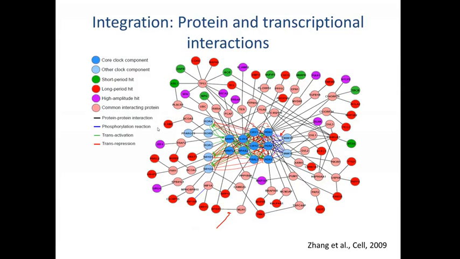Transactivation relationships are all defined in green, where we have, for example, CLOCK and BMAL activating Cry1, Cry2, and PER1, PER2, and PER3. And also transrepression, where we have repressors like Cry1, which actually repress their own transcription. All this information has been combined in an organic layout to give this described model.